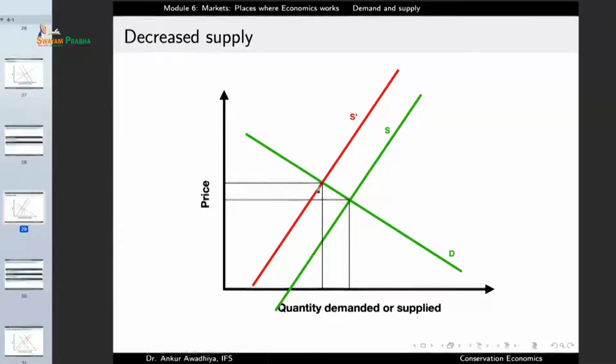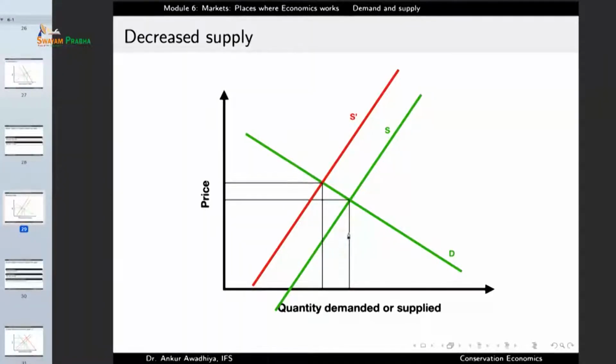Now, what are the impacts in the market? Earlier, the equilibrium price was this much, the new equilibrium price is this much. So, the price has gone up because there is a decreased supply in the market. A decrease in supply will lead to more price. What happens to the quantity that is demanded or supplied?